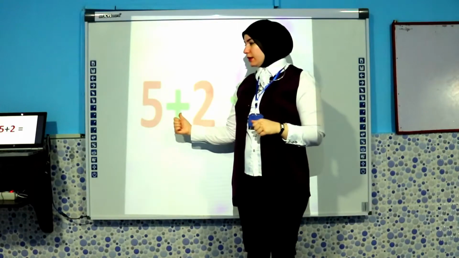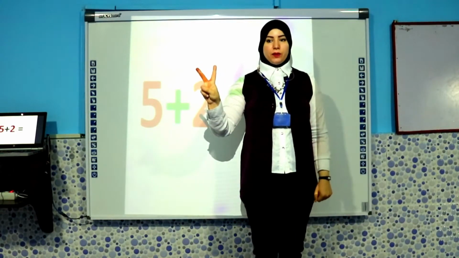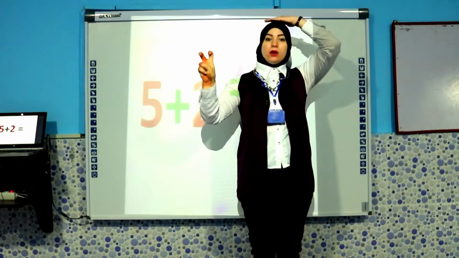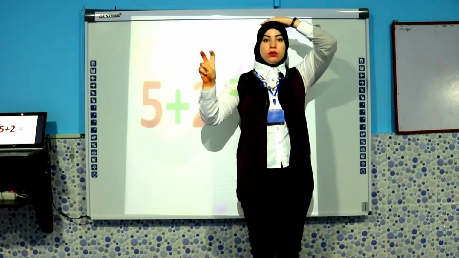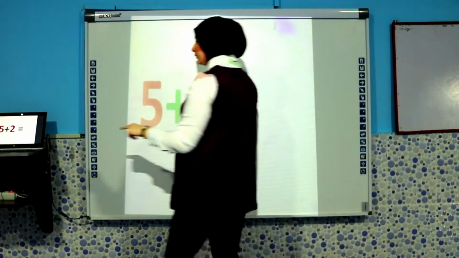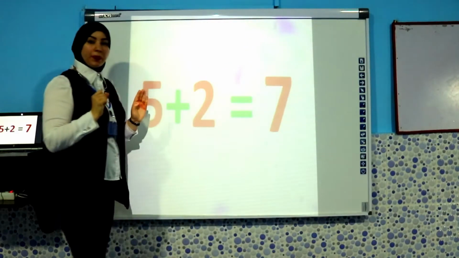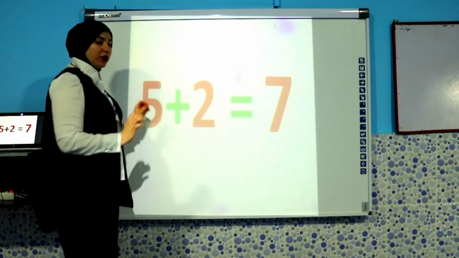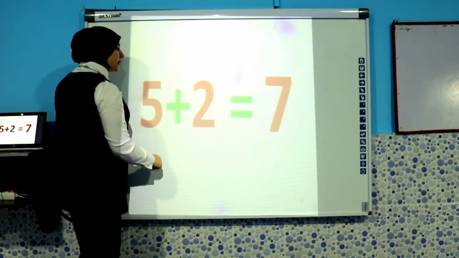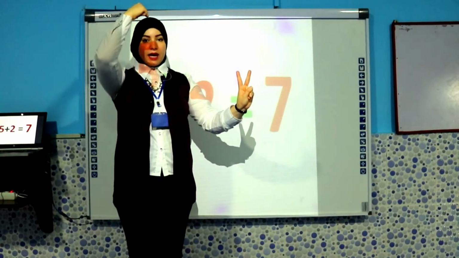When I have the bigger number and plus, I put the bigger number in my mind and the smaller number on my fingers and count after the bigger number. So I have 5 in my mind and 2 on my fingers.